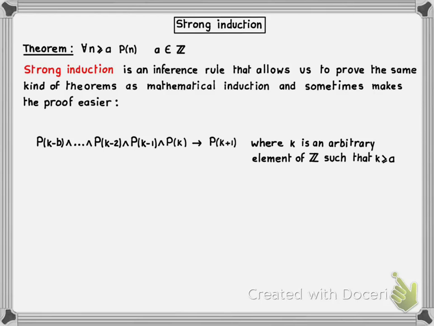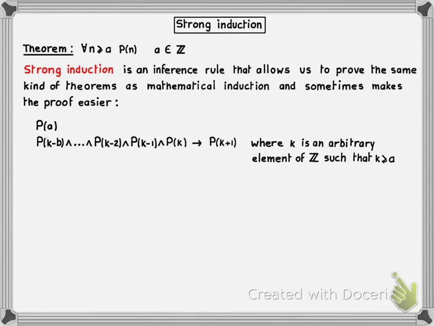Now let's look at the first premise. Remember, the initial premise in mathematical induction is to assume that the property p is true at least for the first element in the set, p of a. Now in this case, this is not going to be enough. Notice we are assuming here that we have b plus 1 propositions that are true for b plus 1 consecutive integers.